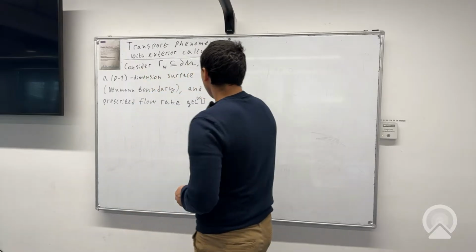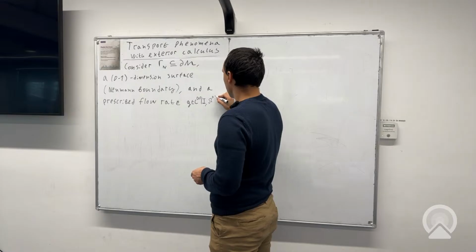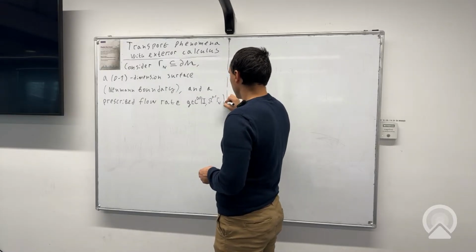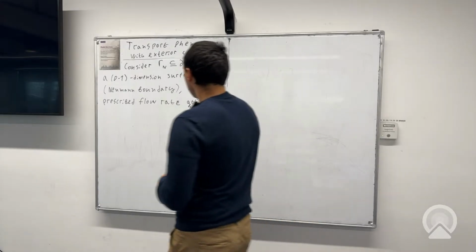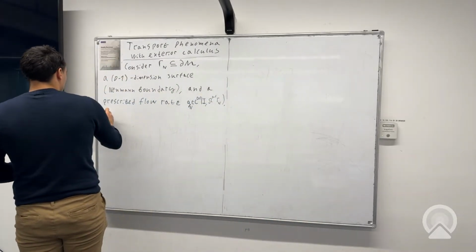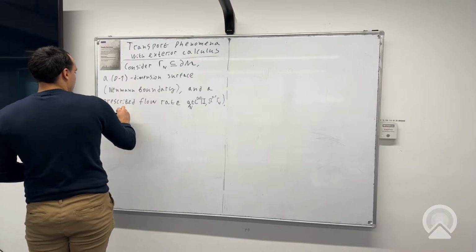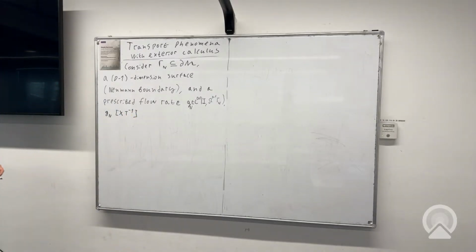So for any point of time, we have d minus 1 on gamma n. This is Gn. And Gn is the same dimension as the flow rate. So this is again amount per unit of time, the velocity of how amount flows.